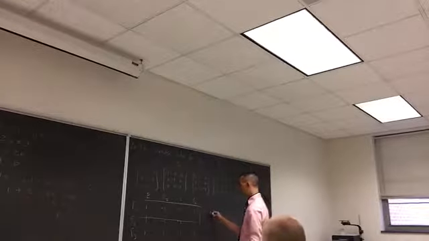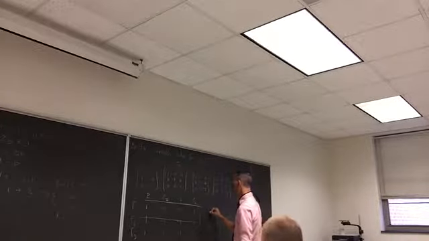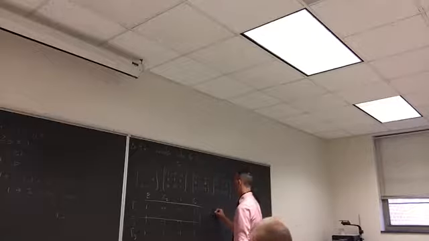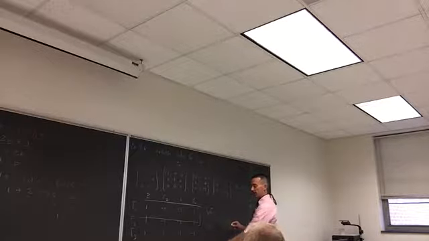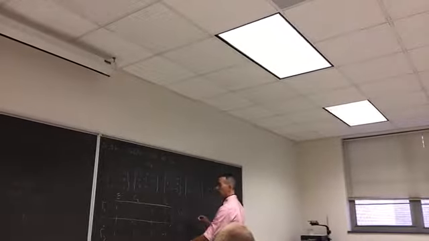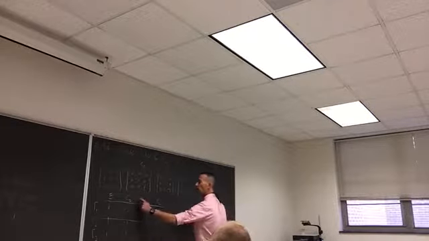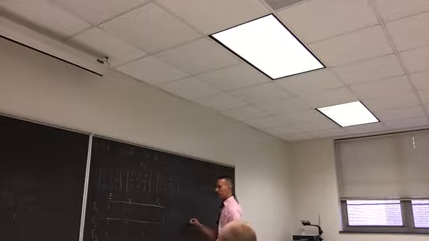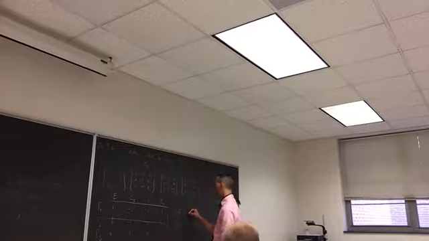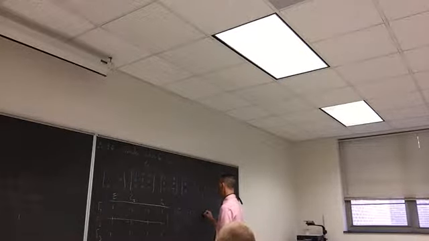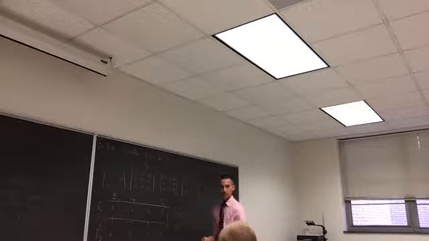So let's see. Gamma 4 times gamma 5 would give me all positive stuff. You don't have to do it in any particular order. Gamma 4 times gamma 5, and all these coefficients are 1. So I'm going to save myself a little bit of trouble. I'd have 1 plus B plus C plus D equals 0.